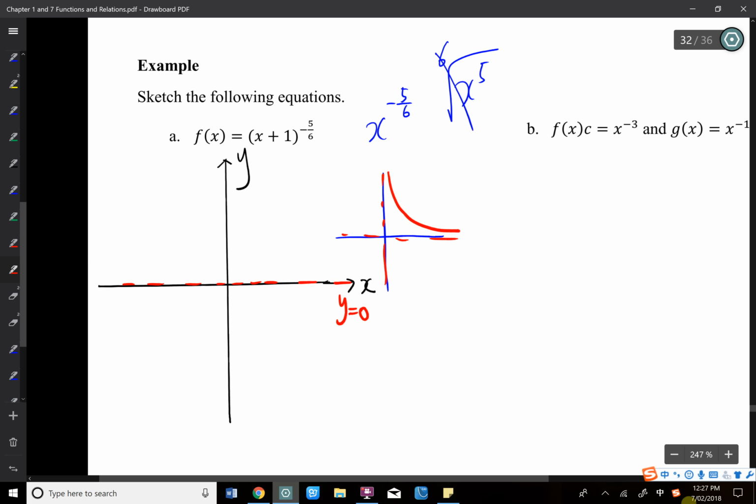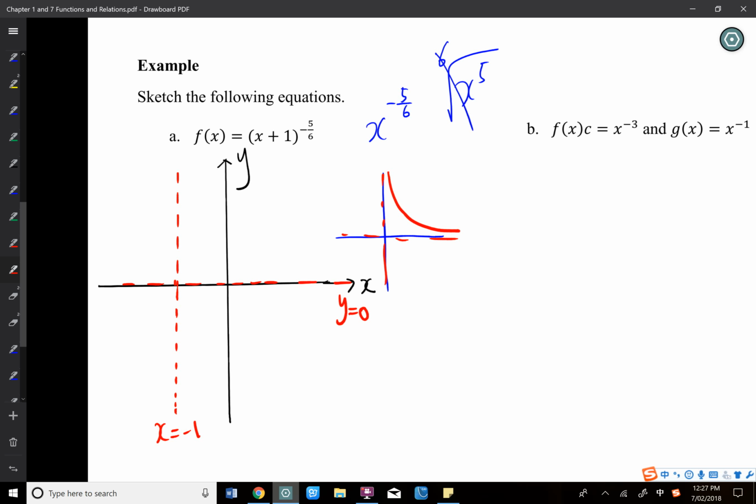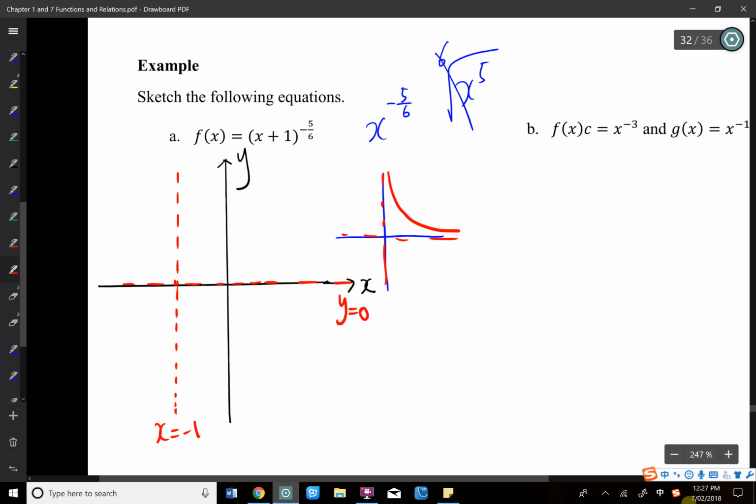You move to the left by 1 unit, so the x asymptote will move to the left like this, x equals -1. And you draw the graph like this.